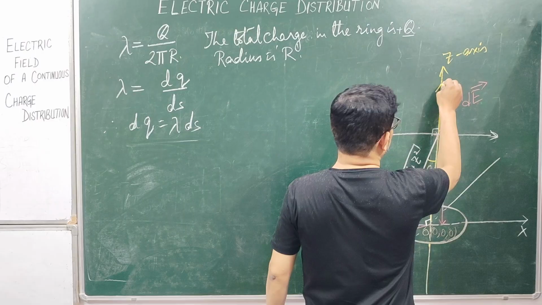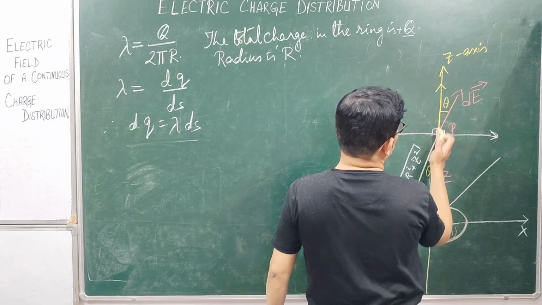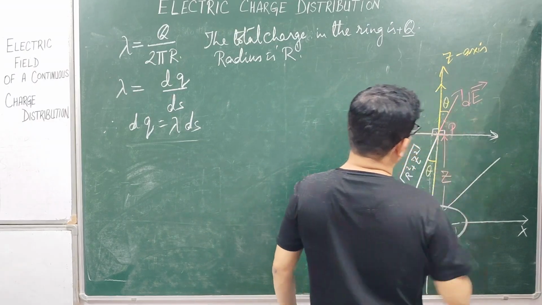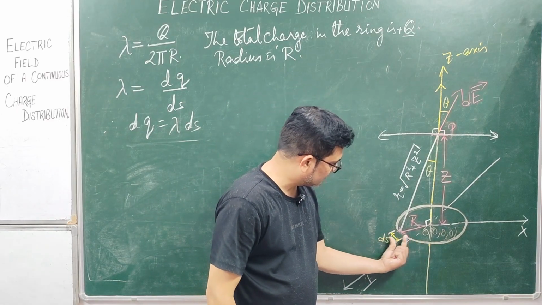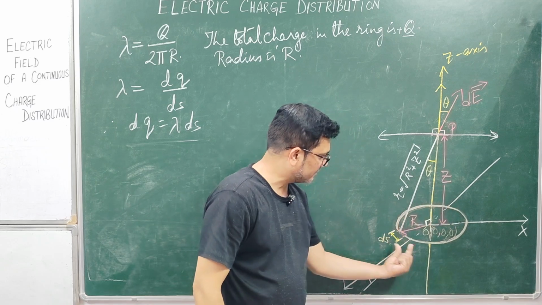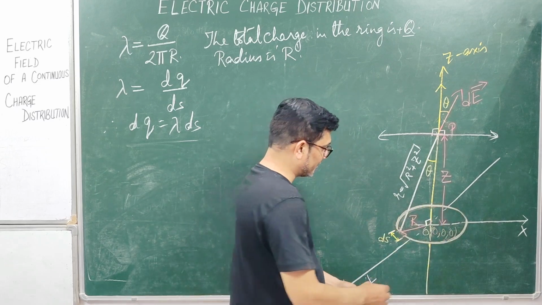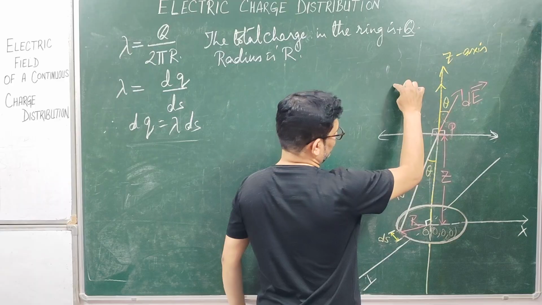The component which is parallel to this z-axis is going to add up. If you consider all the elementals in and around the entire ring, if you have an elemental here, it's going to be here.